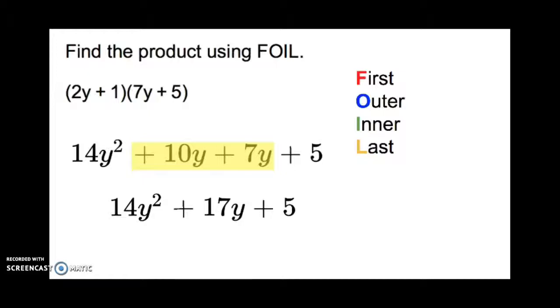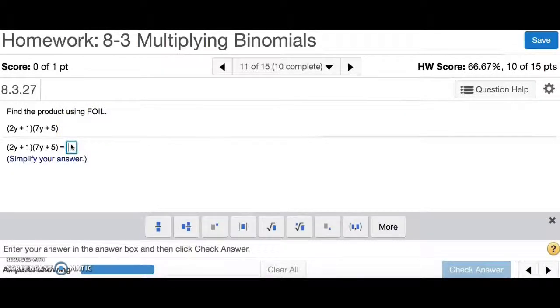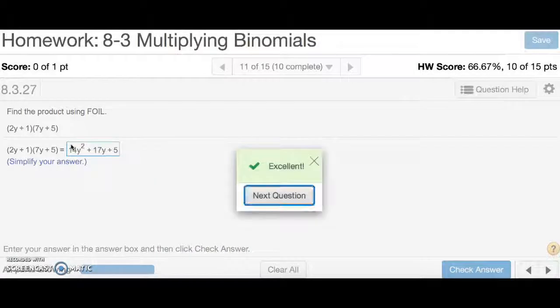So my answer is going to be 14y squared plus 17y plus 5. So let's type that in. Typing in, we have 14y squared plus 17y plus 5. And that's number 11.